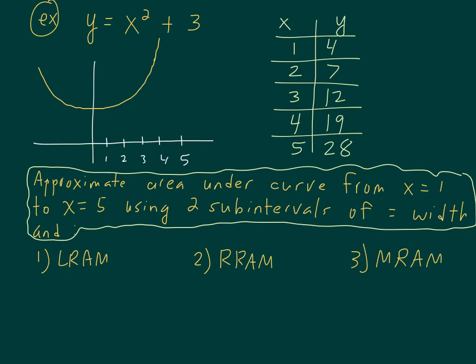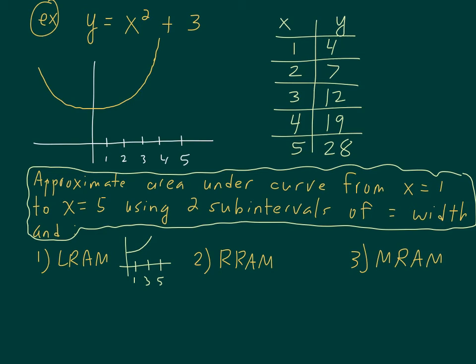The first one, an LRAM, so we're talking about left-hand endpoints. If we're talking about the left-hand endpoints, recall what we're looking at here between these two values. First of all, if we're looking to have two subintervals, then to go from 1 to 5 there's a distance of 4, so the width would have to be 2 for our rectangles, if they're going to be equal width.